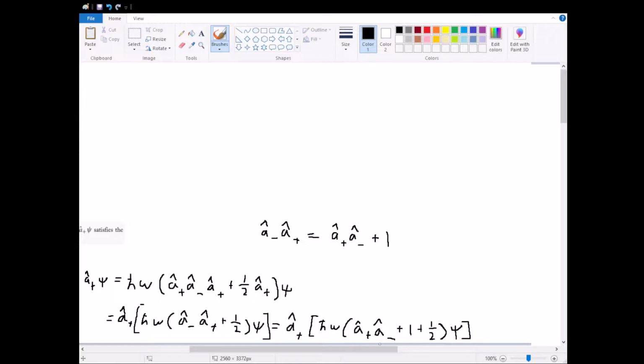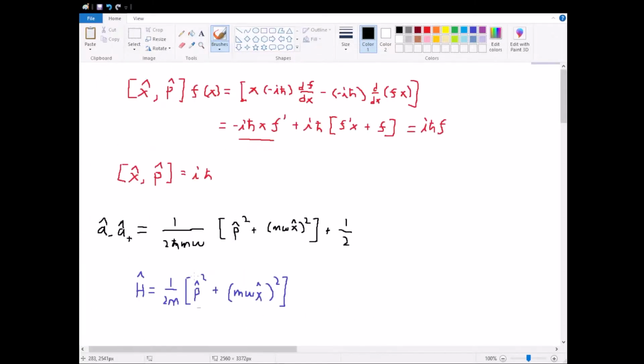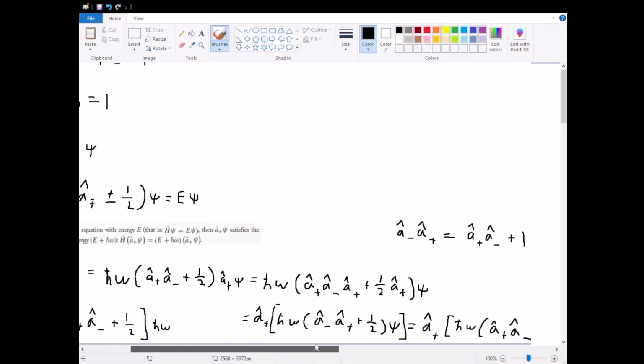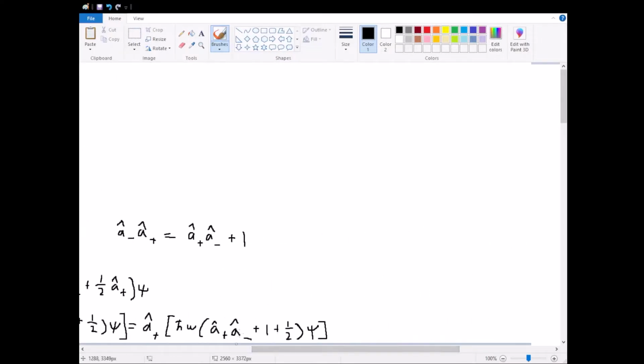And finally, we can recognize that this term here is just h hat, because we defined h hat earlier up here with the left identity, that this is equal to a hat plus a hat minus plus 1/2, and we have a hat plus a hat minus plus 1/2.